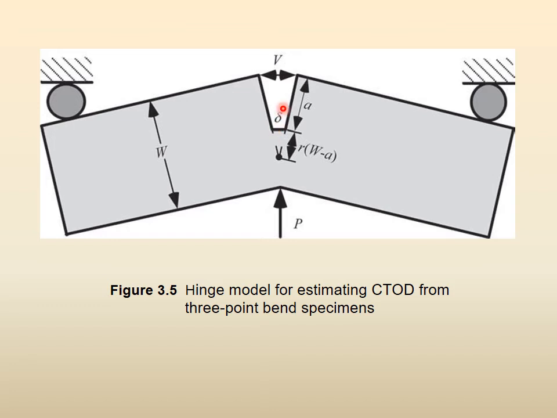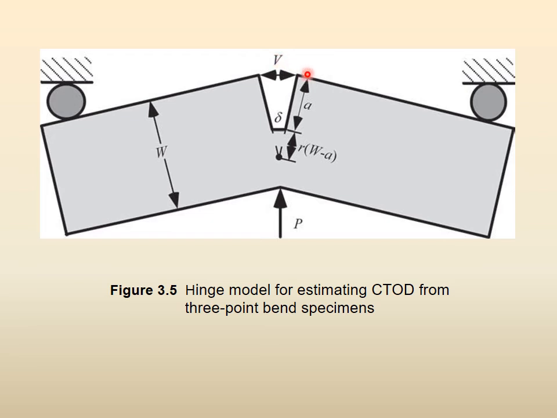We earlier tried to send a paddle gauge inside and measure it, but those measurements were inaccurate. So now they say measure only this distance with the gauge or the paddle gauge, which is very open. This is the opening right now. Don't go inside. So this can be very accurately measured, V.